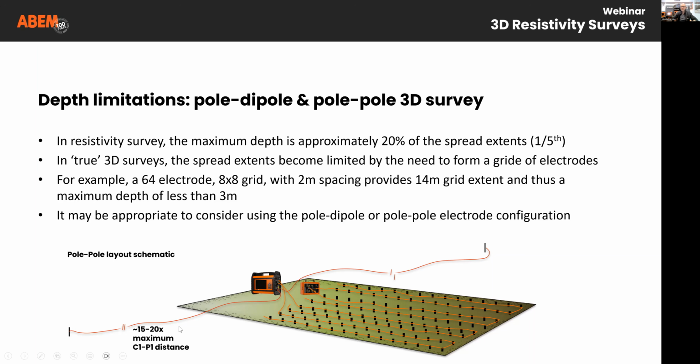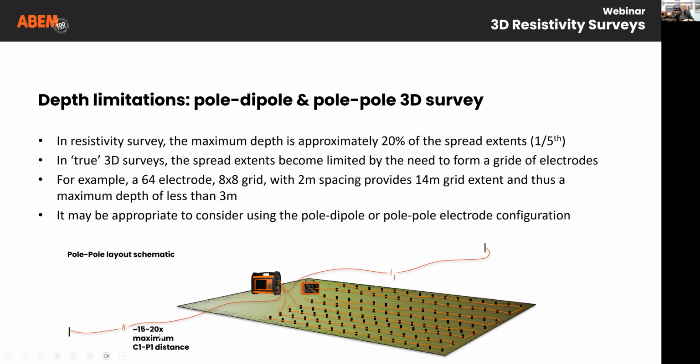If you position that remote electrode far closer than the theoretical ideal, but don't tell the inversion software that you're not using that ideal, then the inversion software will assume that the layout is correct. It will therefore assume what the maximum depth will be, and you would end up with a model that does not represent what is really beneath the grid, mainly because it is assuming that the current is flowing deeper, that the sensitivity of the system is deeper than the reality.